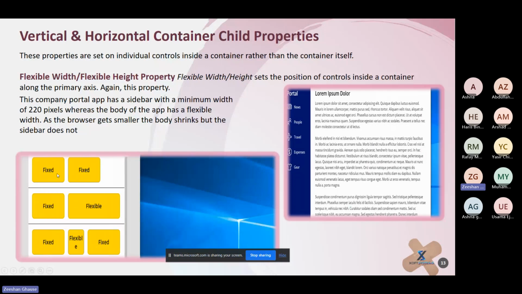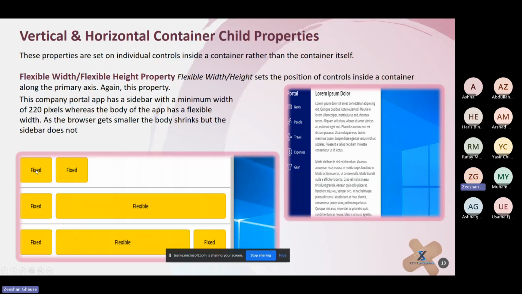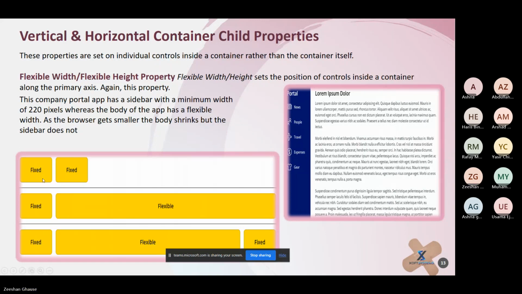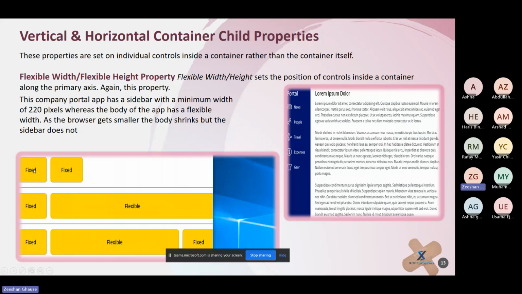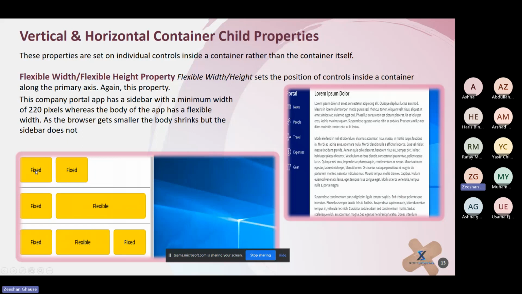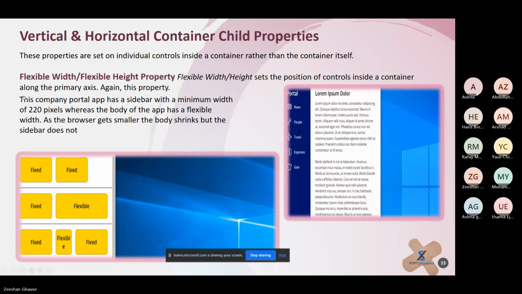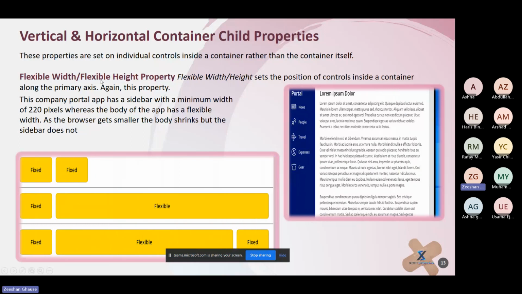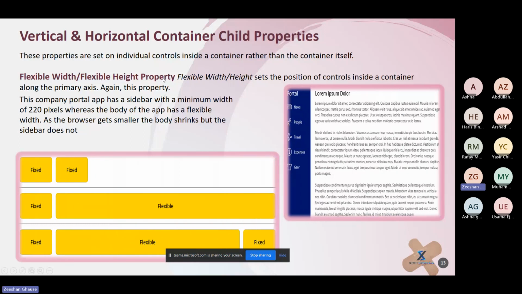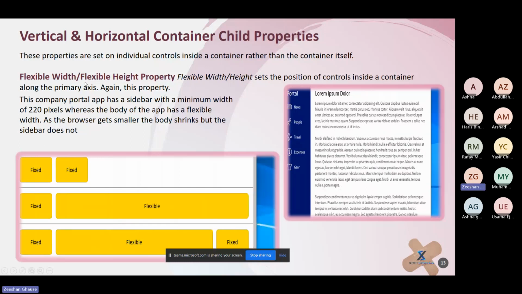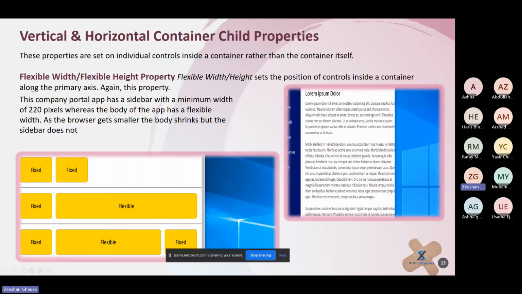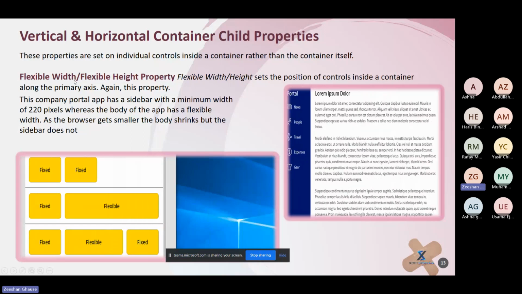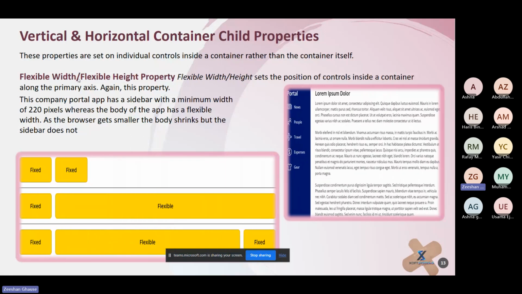Here we can define the properties for the individual control itself, such as the child. There are the flexible width and flexible height properties, and these will only get enabled when you are using the container property and your control is inside the container.